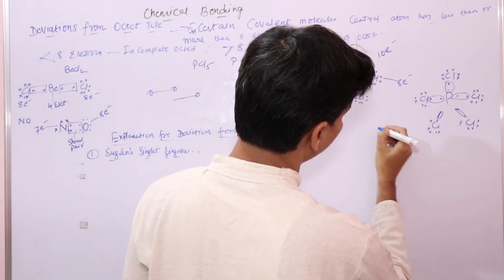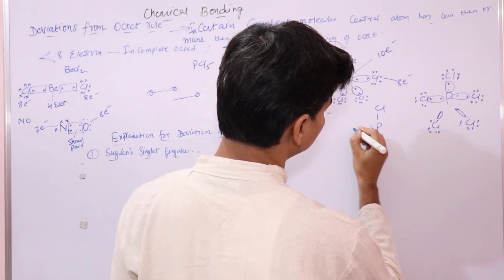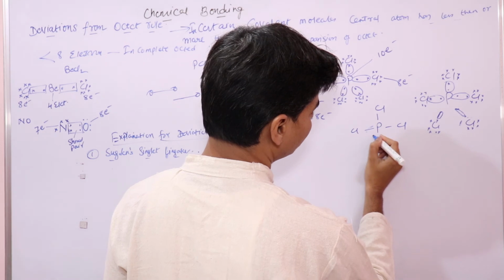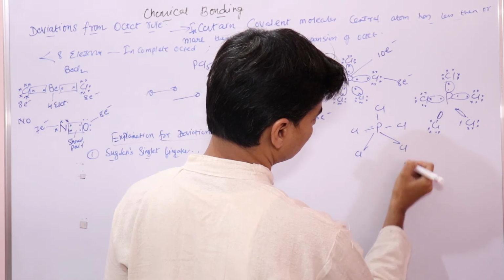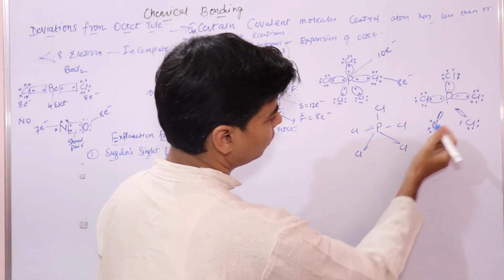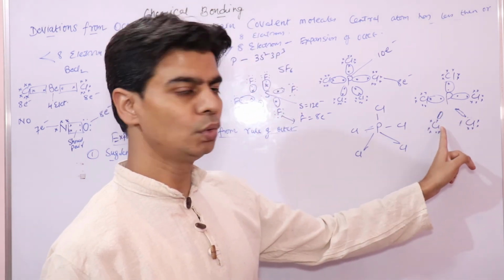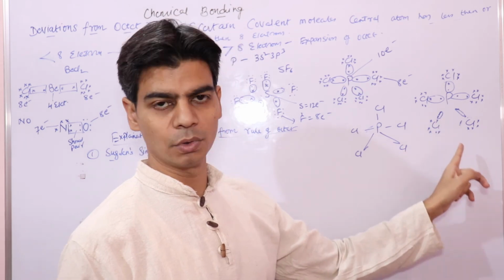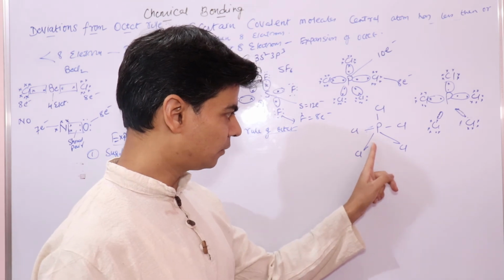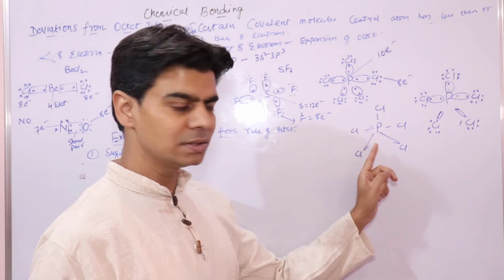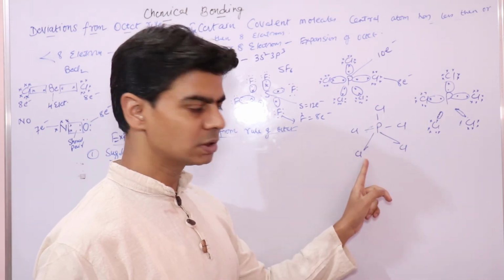So we can represent it this way. This is chlorine, this is Cl, this is Cl. Now here we represent it like this. This means only 1 electron is shared from phosphorus to chlorine in order to complete the octet of chlorine. So this half arrow represents the singlet linkage, and this is a 1 electron bond, pointing from donor towards acceptor.